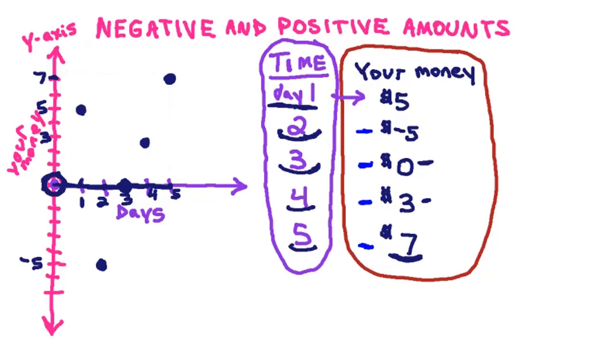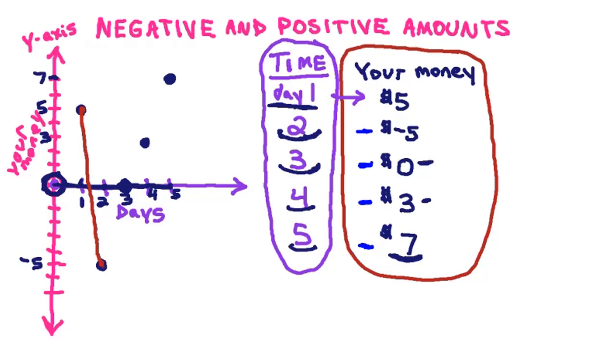So now we're going to connect these dots together along this timeline, and we started on day 1 at $5, and then we went down to day 2, negative $5, so this line's going to go all the way down like that.